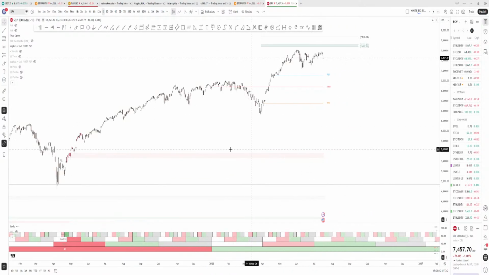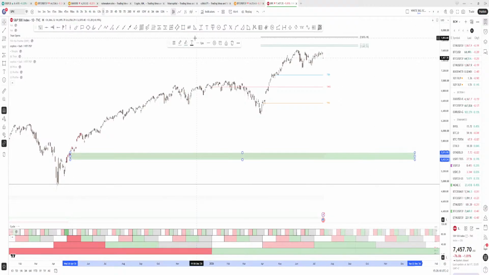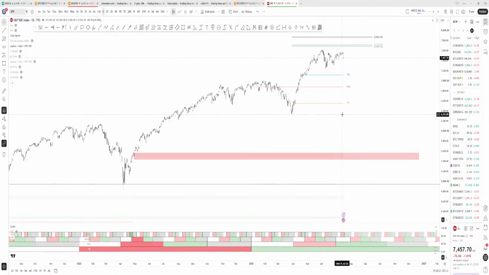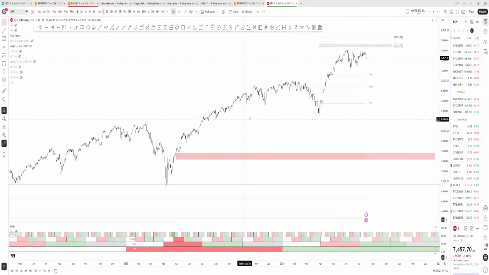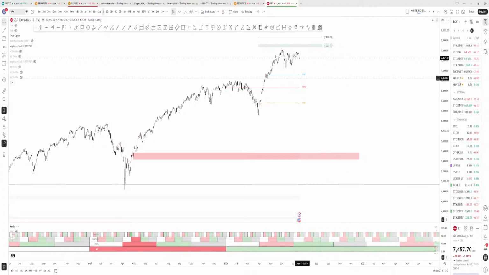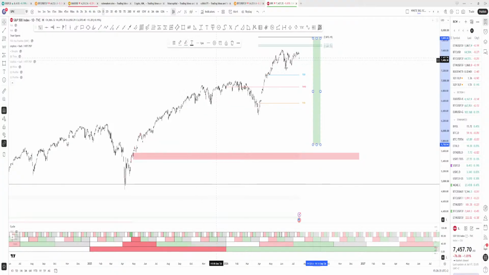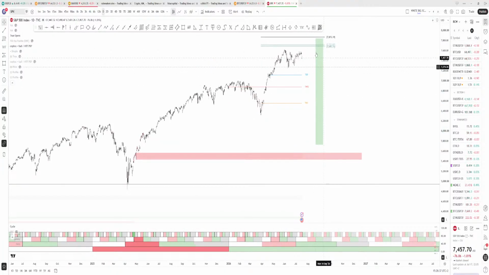So one big level is here, which was not swept yet. This is potentially our target for the drop. And the drop may come in this area again later on in Q3. So this is your time zone for a possible drop.